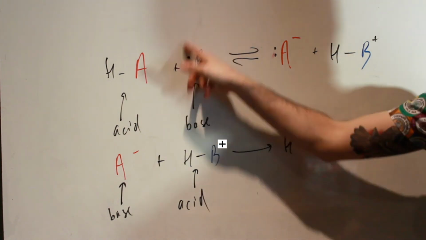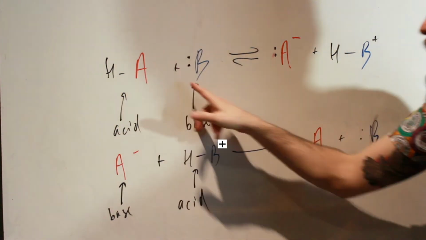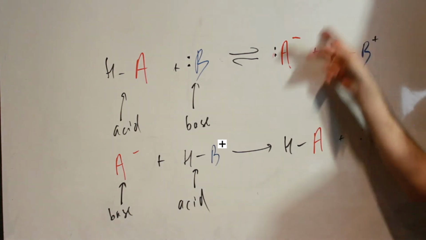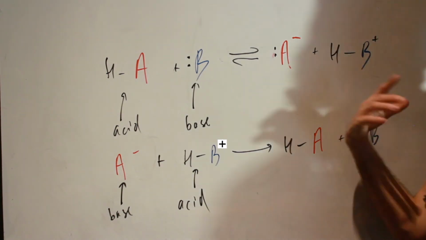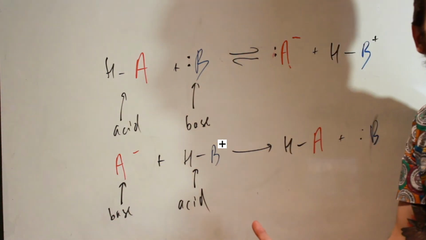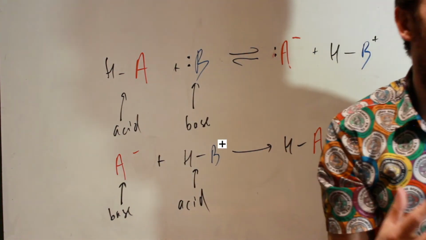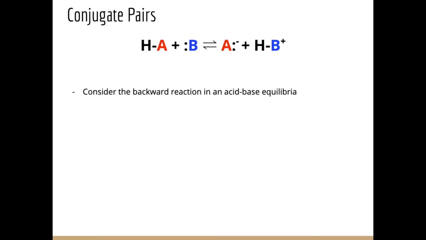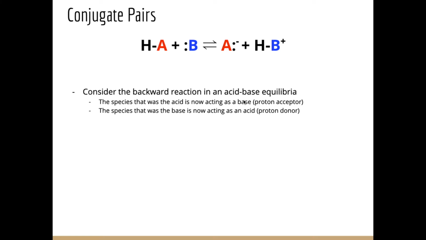The thing that was the base, after it's now accepted the acid, has now turned into an acidic species itself, because this could then donate that hydrogen. So we end up with this terminology to refer to these types of species. The species that was the acid is now acting as a base. This species was an acid on this side because it can donate a proton. However, now on this side, it is able to accept the proton.